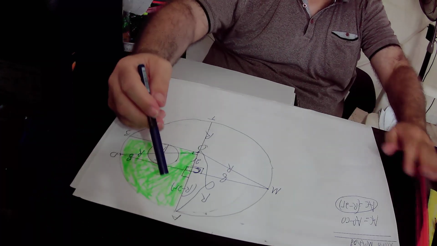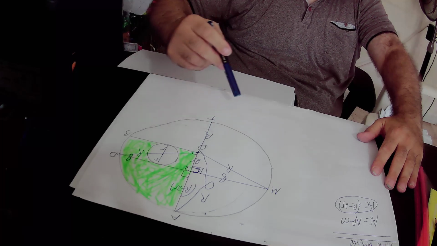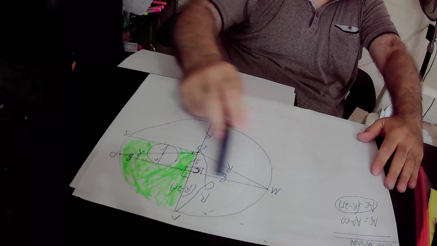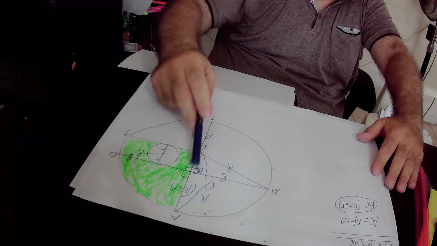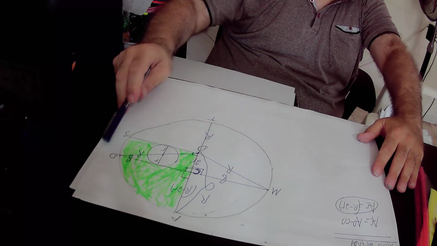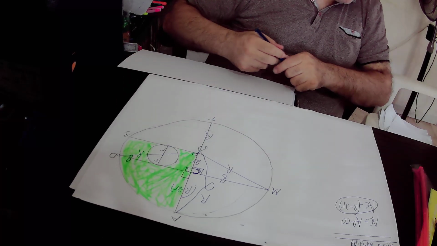chord AT that intersects with chord MD at point C. Again, chord AT intersects with chord MD at point C. So I write it down.